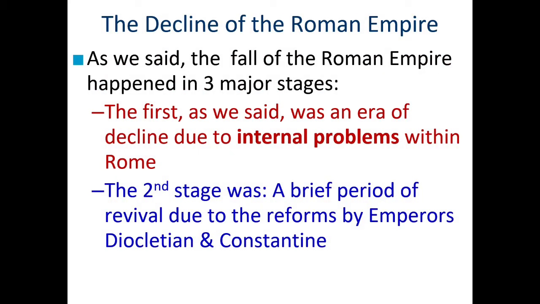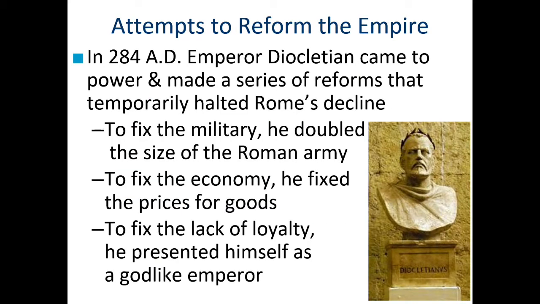As we said, the fall of the Roman Empire happened in three major stages. The first, as we said, was an era of decline due to internal problems within Rome. But the second stage was a brief period of revival due to the reforms by the emperors Diocletian and Constantine. In 284 AD, Emperor Diocletian came to power, and he made a series of reforms that temporarily halted Rome's decline.